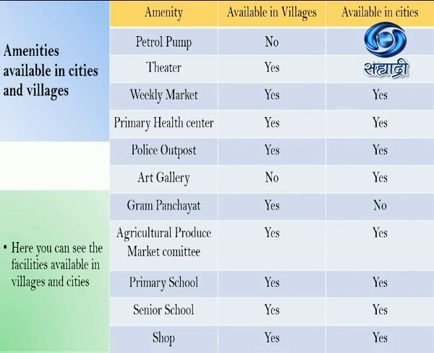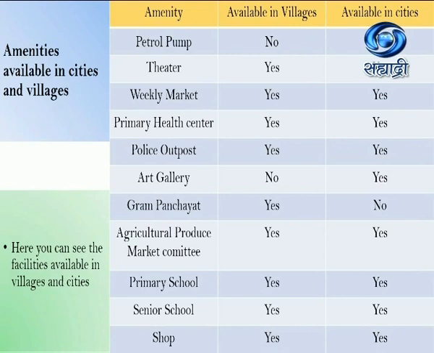For example, a petrol pump. Generally, it is not there in the village, but you will see it in the cities. Then a theater, weekly market, primary health center, a police station, all these you will see in both the areas, the villages as well as the cities.